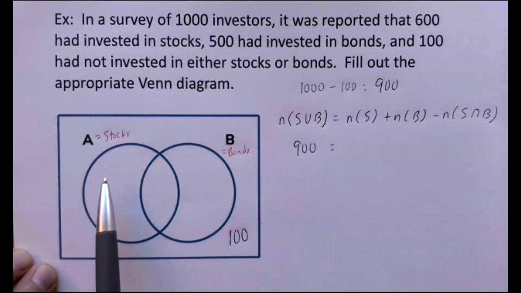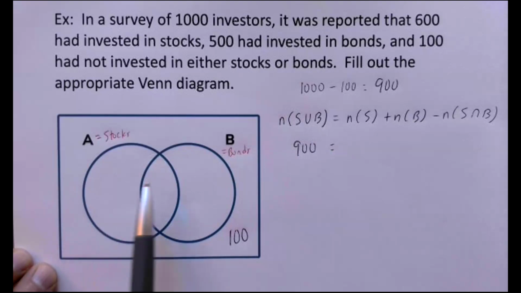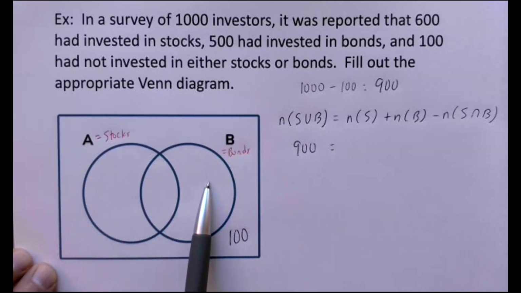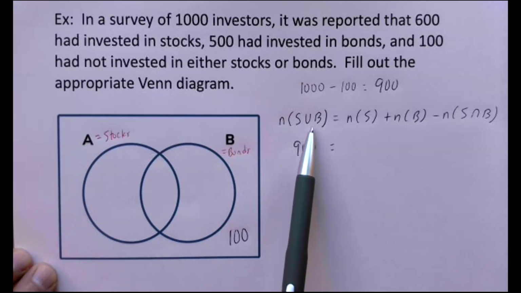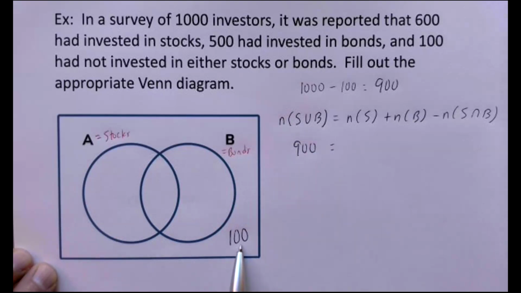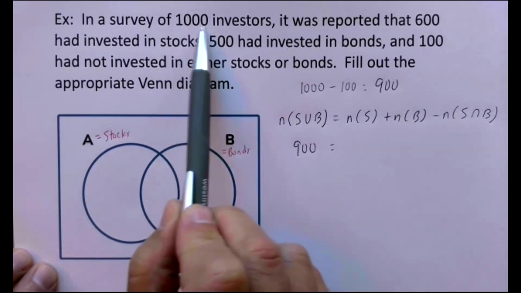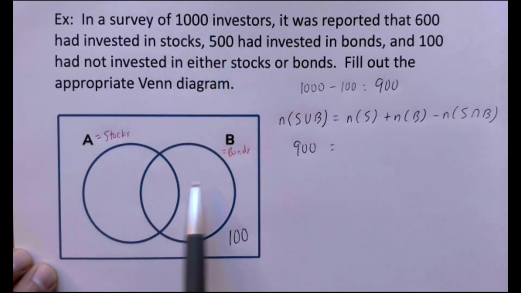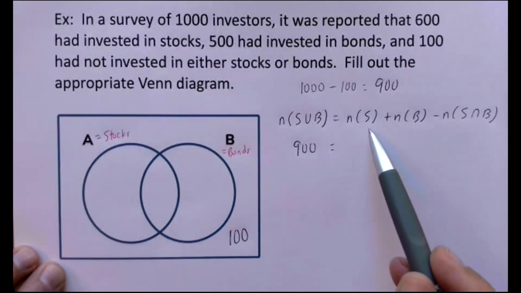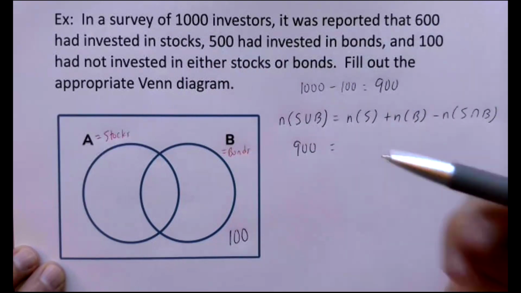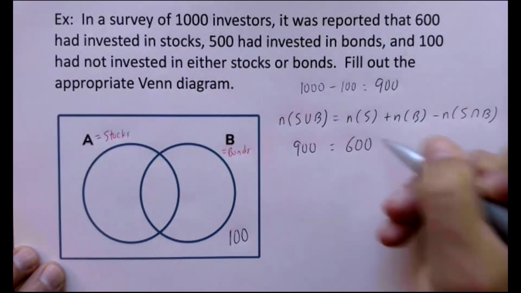Number of people in the union is this number of people plus this number of people plus this number of people. That makes up the union. We know that has to be 900 because we know there's 100 out here and we know everything's supposed to add up to 1,000. So we still have 900 to account for somehow. We also know the stock circle itself has 600.